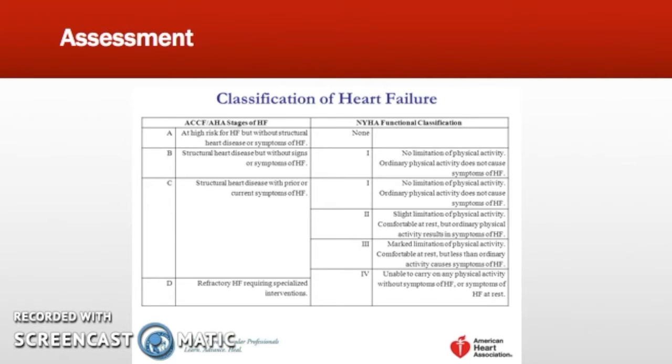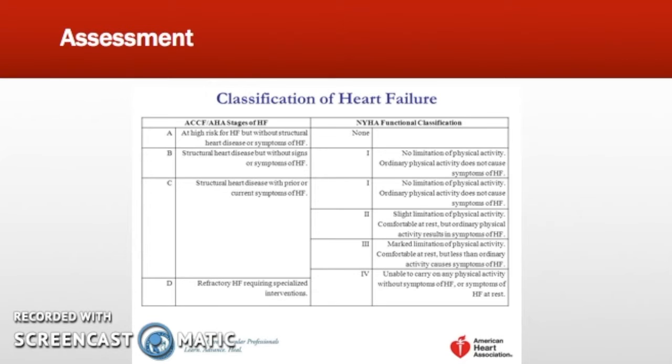Recommended labs include a complete blood count, urinalysis, serum electrolytes with calcium and magnesium, blood urea nitrogen, serum creatinine, glucose, fasting lipid profile, liver function test, and thyroid stimulating hormone. Chest x-ray can identify cardiomegaly, pulmonary congestion, and alternate causes of the patient's symptoms. A two-dimensional echocardiogram with Doppler is recommended to assess ventricular function, wall motion, and valve function.